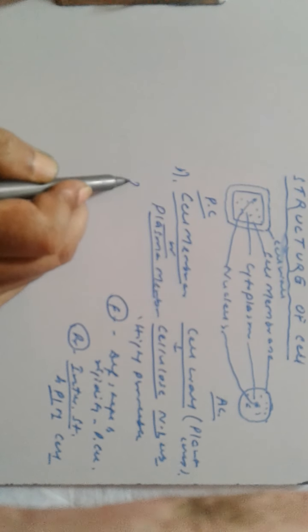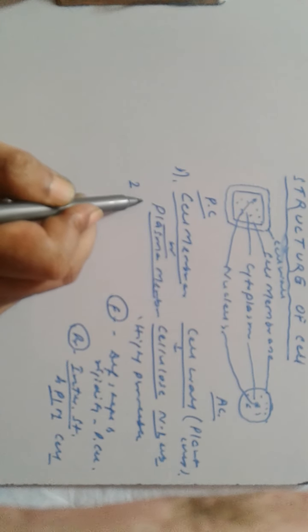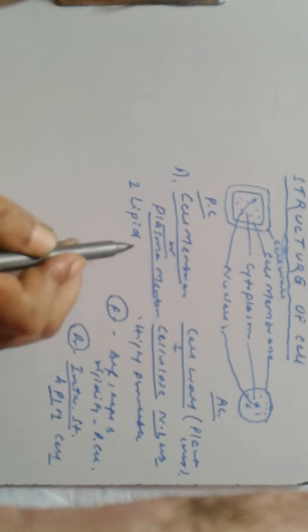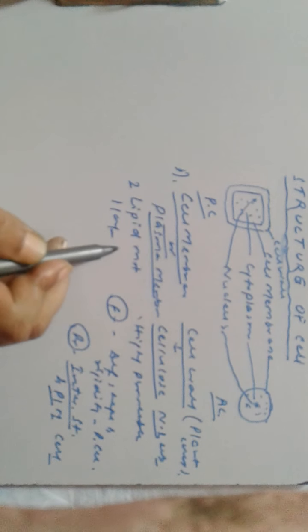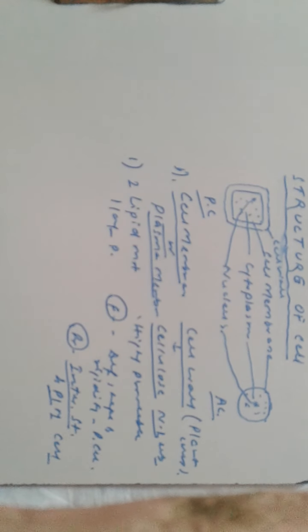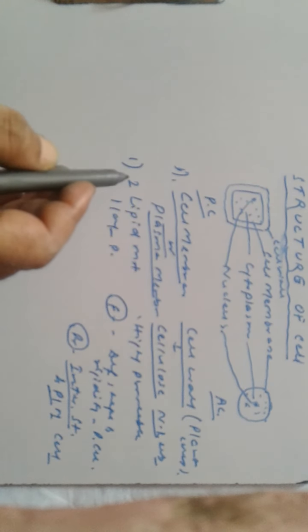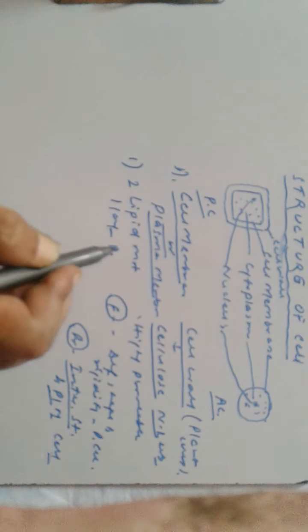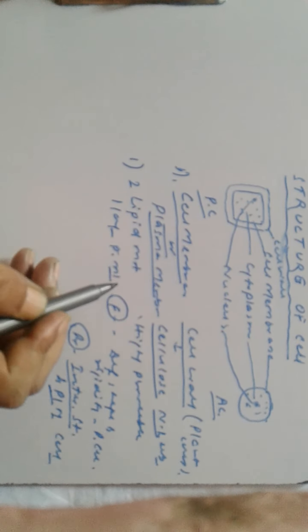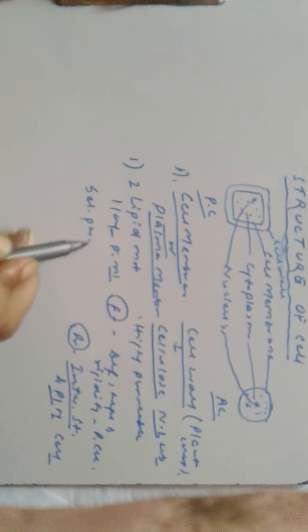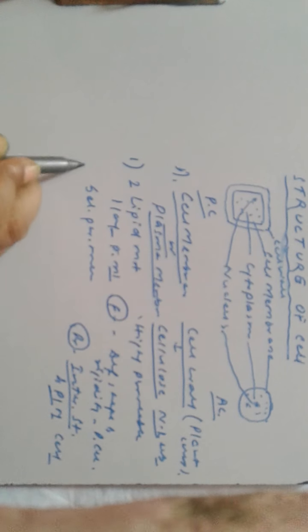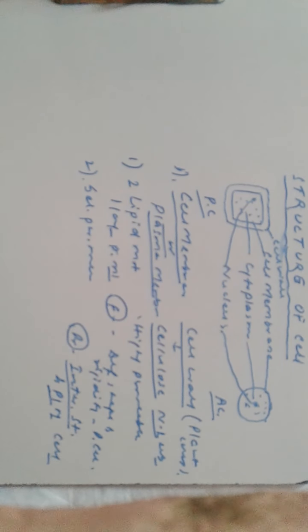It is composed of two layers of lipid molecules and one layer of protein molecules, and it is a selectively permeable membrane. That means it allows only a few substances to move in and out of the cell.